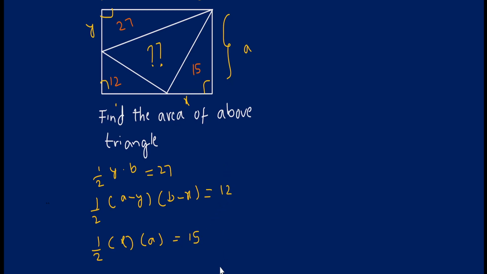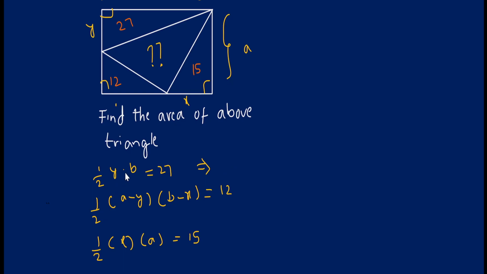Okay, now there are many variables. Let's substitute and eliminate a few of the variables. That's the thought process here.